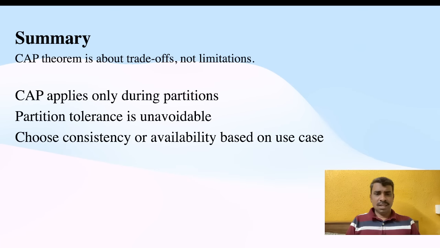It's not that every time only consistency or availability will be there, or that the data may not be consistent every time. It's not like that. It is about how the system should behave during the partition failures.